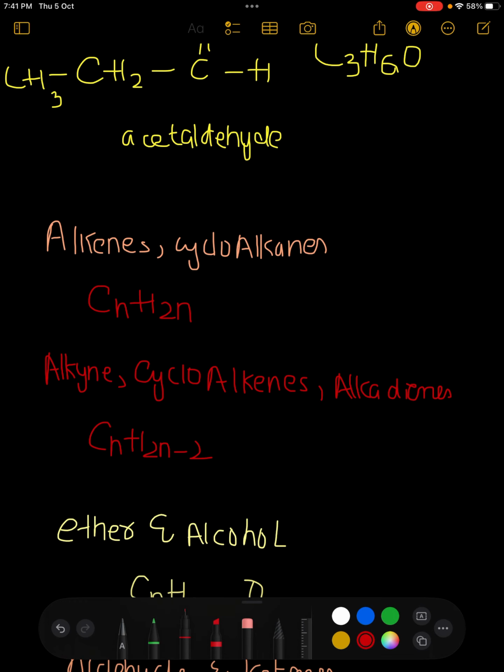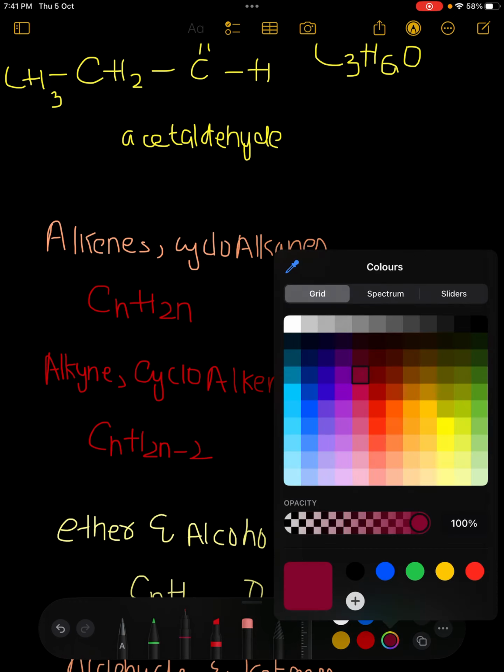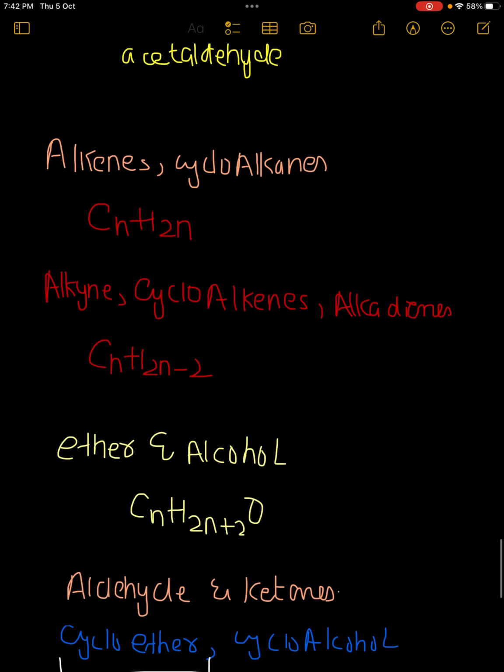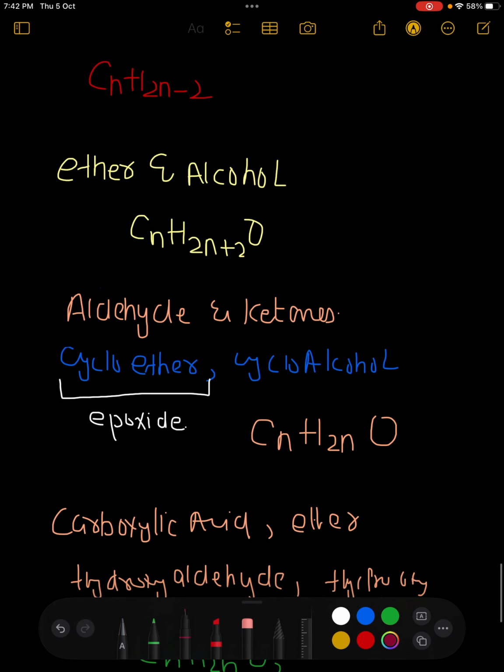Basically for alkene and cycloalkane, CnH2n. Then we have alkyne, cycloalkene and alkadiene, CnH2n minus 2. Then we have ether and alcohol, which formula is CnH2n plus 2O.